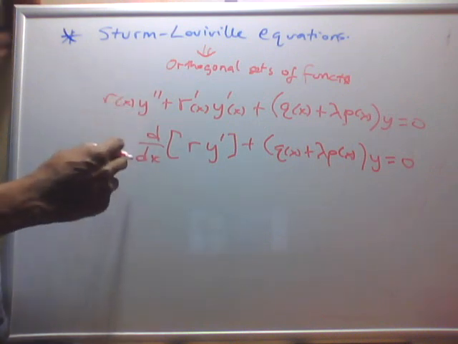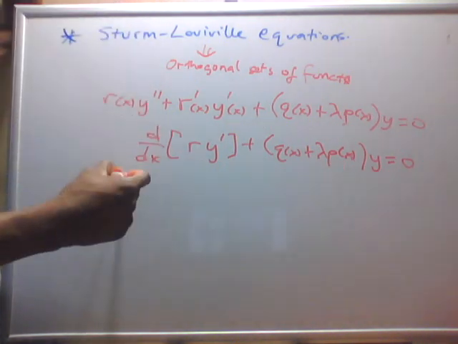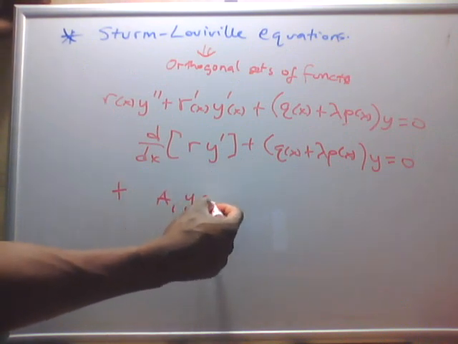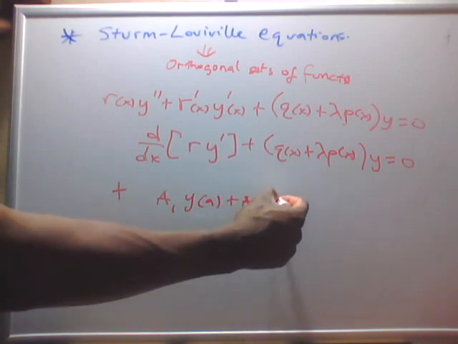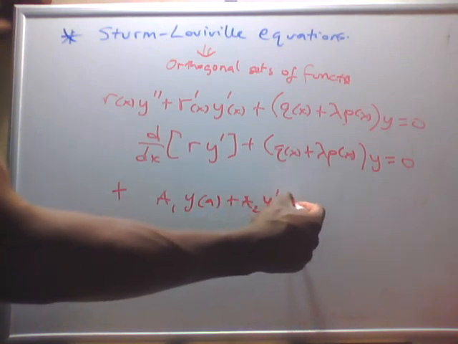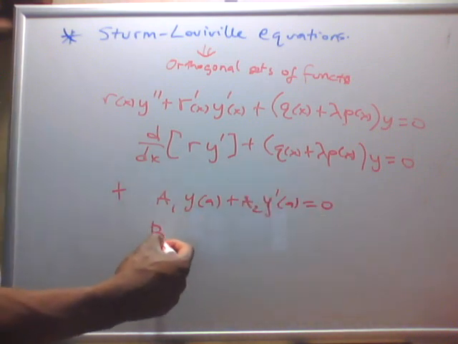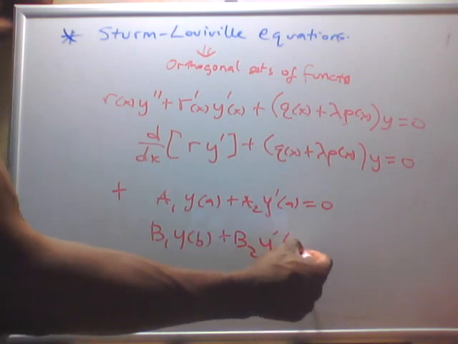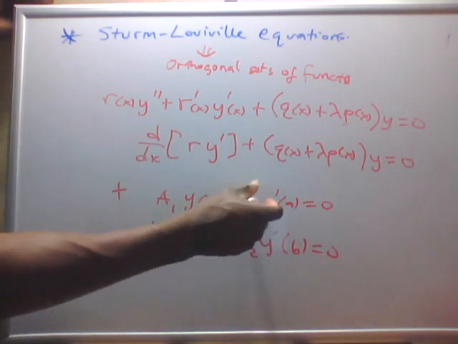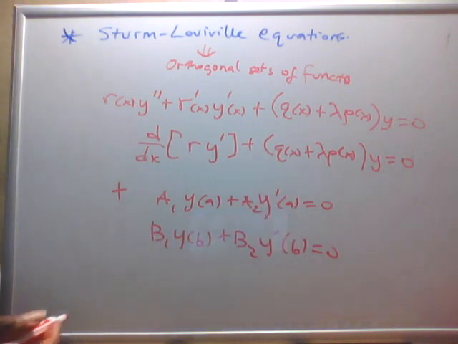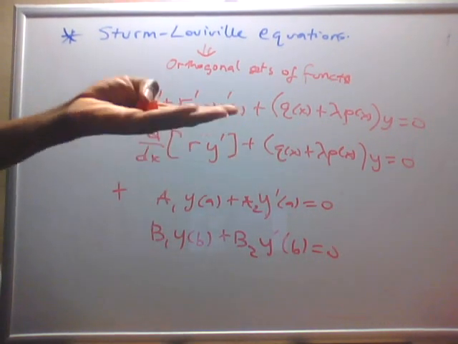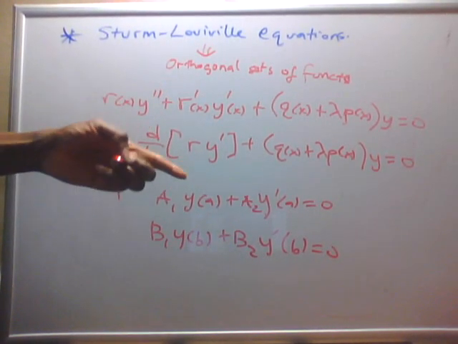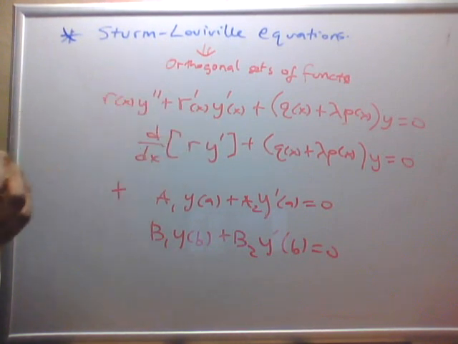This kind of Sturm Liouville differential equation, coupled with the boundary conditions we showed in class, a2 y prime of a, plus b2 y prime of b, coupled with these boundary conditions, yields linearly independent and also orthogonal sets of functions corresponding to unique eigenvalues.